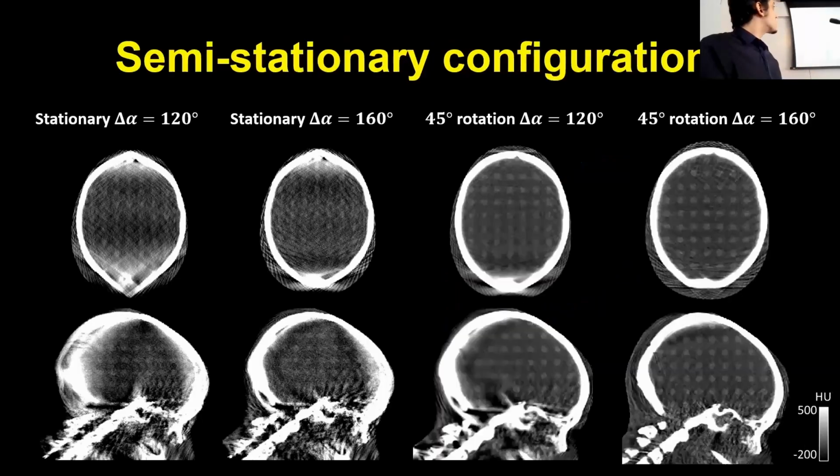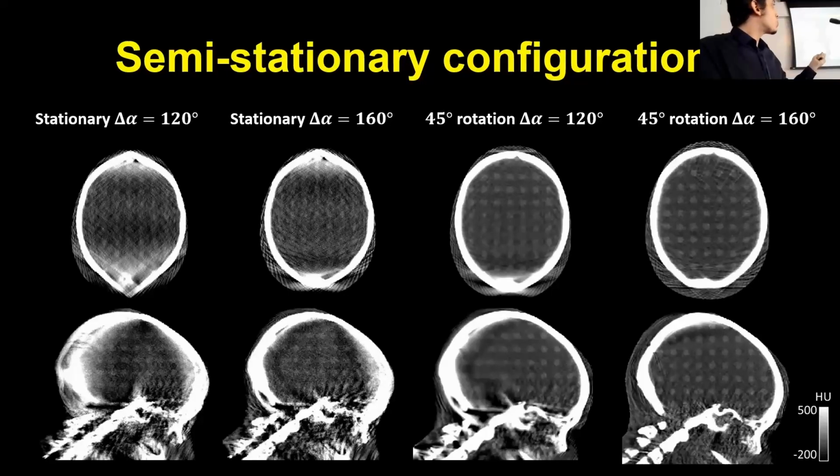What we saw is that the quality of the images after including that rotation is clearly improved for all the regions. In this case, it's also better going to wider configurations for the angular span because we are recovering the back of the head better, and now we are not losing information in the front.